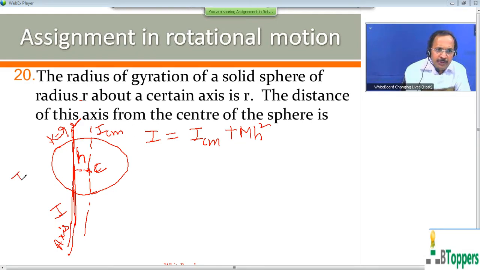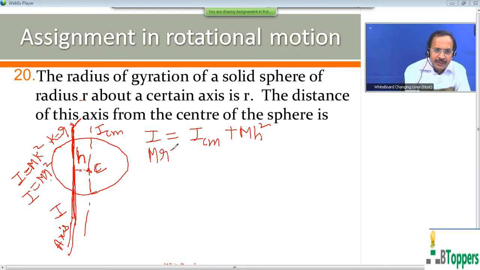Moment of inertia of rigid body about a given axis can be written in the form I equal to mk square, where m is the total mass of the rigid body and k is the radius of gyration of the rigid body about that axis. So radius of gyration of the rigid body about the axis on the left side is given to be equal to r. So I can write k equal to r or I equal to mr square on the left hand side of the equation.